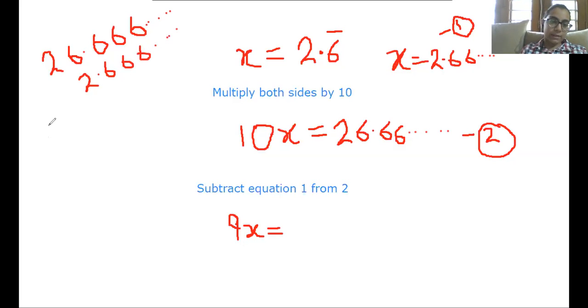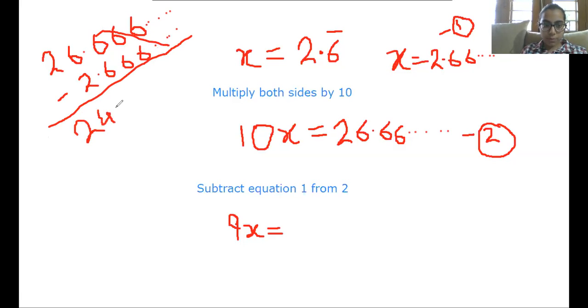If you subtract these, all the 6s would be cancelled out. 6 minus 6 equals 0, 0, 0. So all these terms after the decimal will be cancelled out, and what you're left with is 24.0. Is that clear? When you subtract 2.666666 from 26.666666, what do you get? 24.